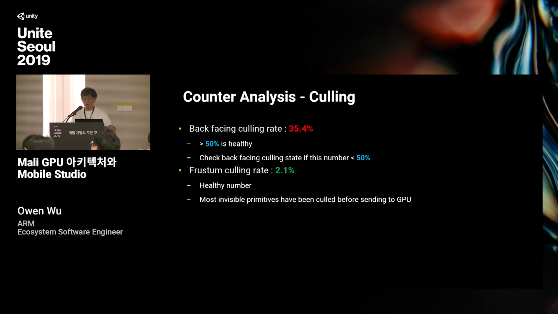You can also use the graphics analyzer to check it if necessary. And the frustum culling rate shows how many primitives have been culled by the view frustum. So 2.1% means most invisible primitives have been culled by the application before sending to the GPU. So it is good.